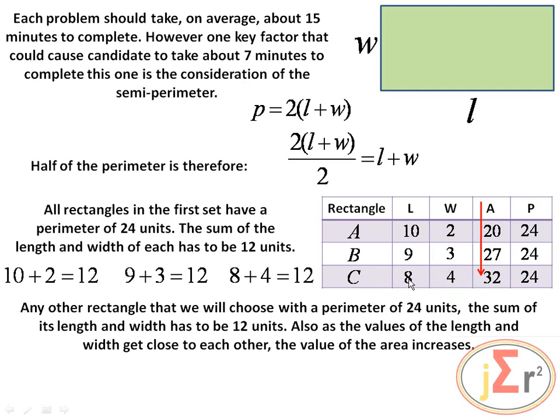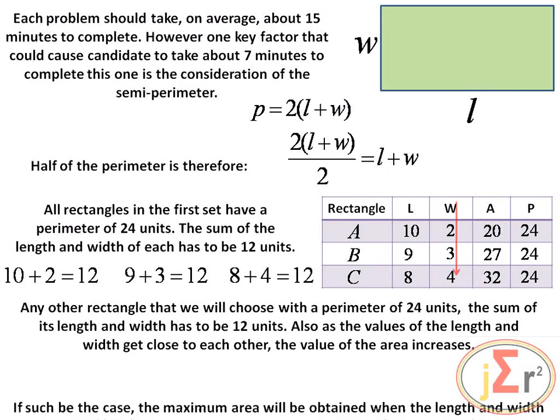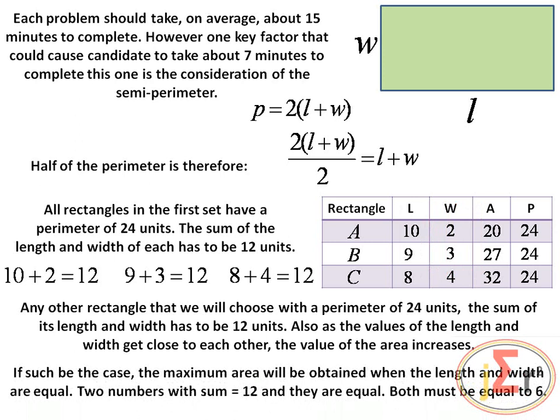So as the length and the width are approaching each other, the value of the area is increasing. Then if, as they get closer to each other, the value of the area is increasing, when will they actually produce the largest area? Of course, when they are equal to each other. That is when we'll have the largest value of the area. If such be the case, the maximum area will be obtained when the length and width are equal.